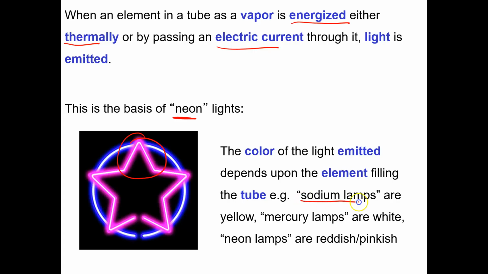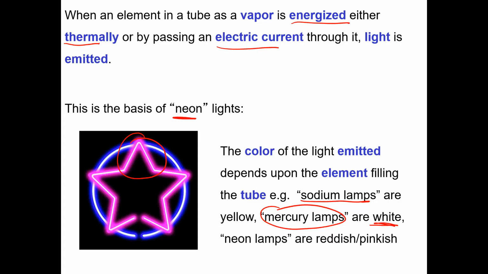For example, sodium lamps are a really intense yellow, and you often see them used on highways. Those yellow street lamps have a little bit of sodium vapor in them. Mercury lamps give a pretty good approximation to white light.